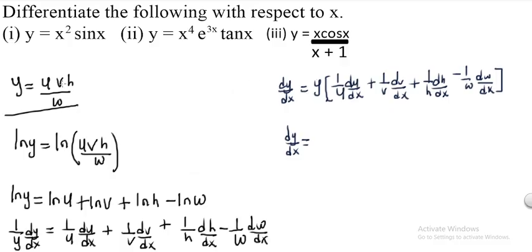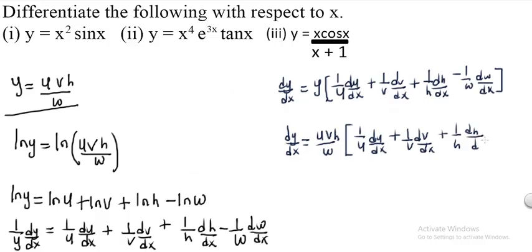Now y has a value of u v h over w. So dy over dx is equal to u v h over w, open brackets, 1 over u du/dx plus 1 over v dv/dx plus 1 over h dh/dx minus 1 over w dw/dx.